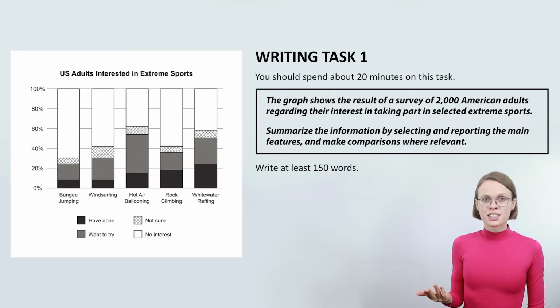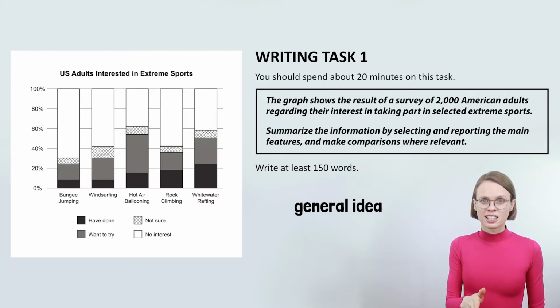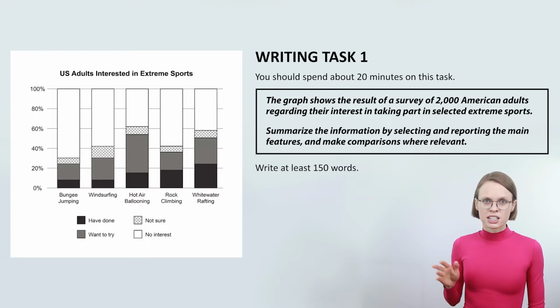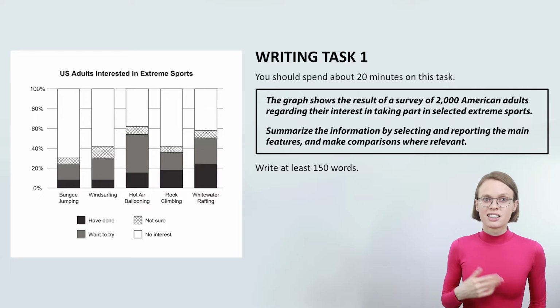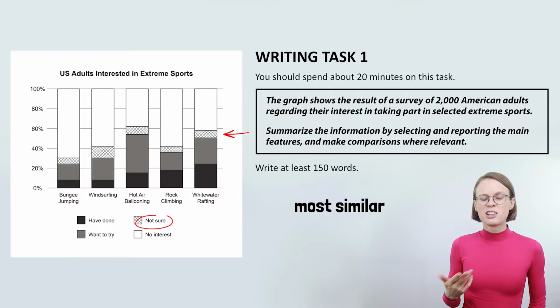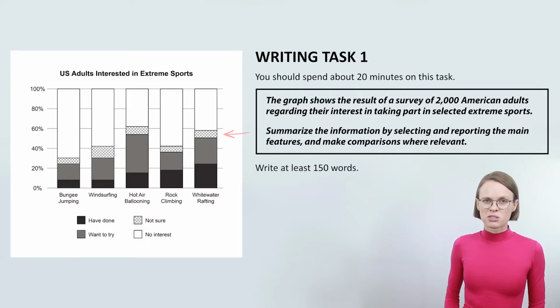What I do first is look for general ideas that are similar and also points that are very different. As for similar, none of the columns has a large number of people who tried the sport, though the numbers who have tried are different. Actually, most similar is the not sure, but that's not a very interesting category to write about.